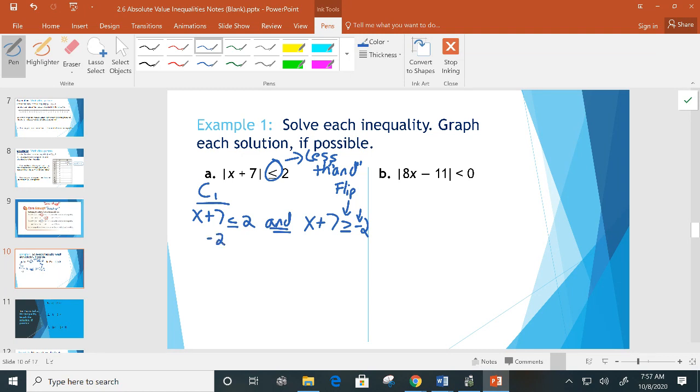Sorry, not subtract 2. Subtract the 7 from both sides.